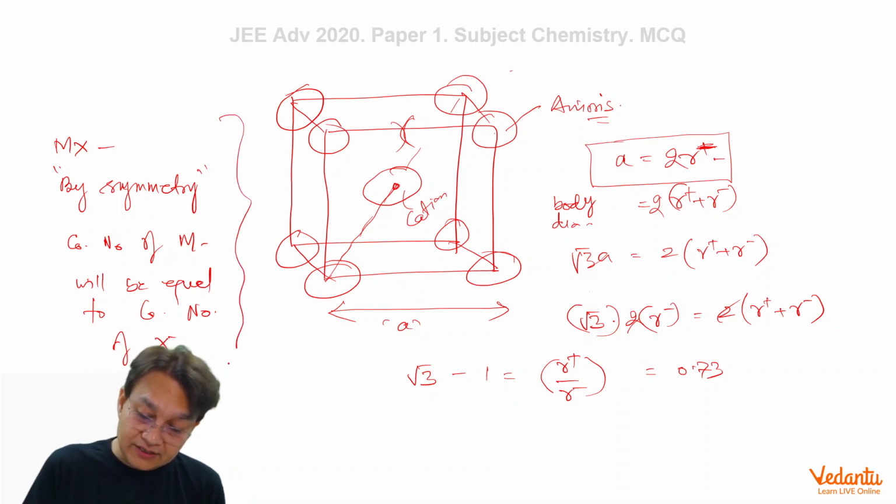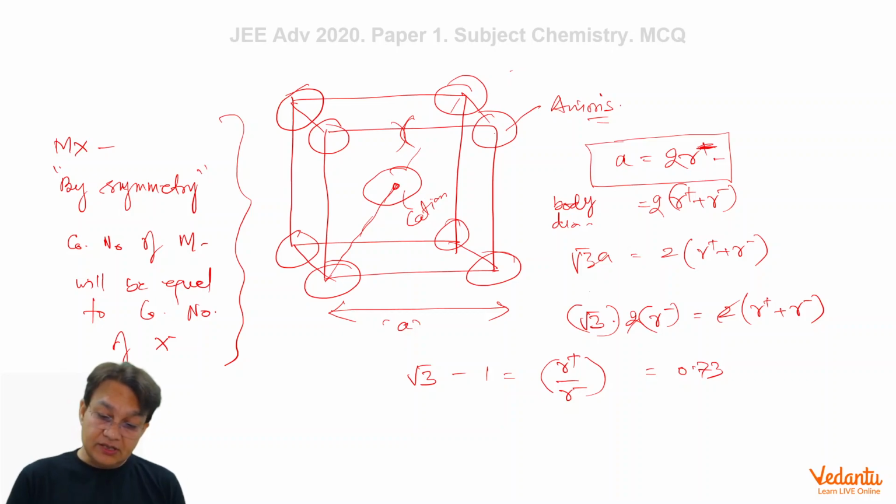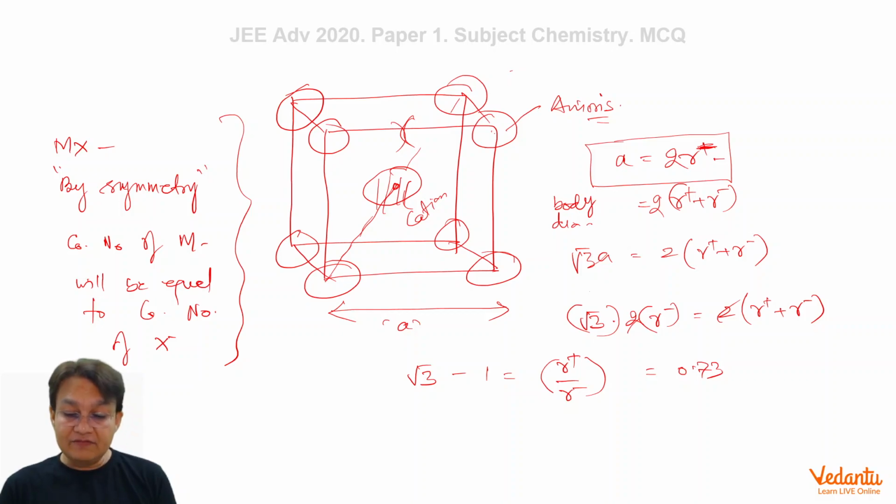If you're not convinced, you will have to see it. This is a cation, and the cation is surrounded by 8 anions. And similarly, any anion will also be surrounded by 8 cations. You can easily see this.